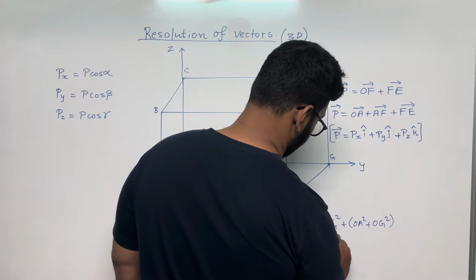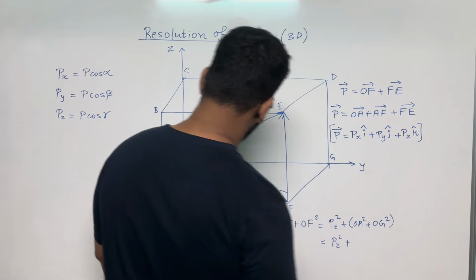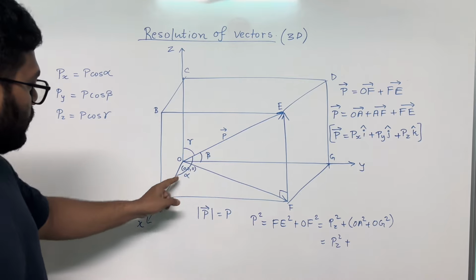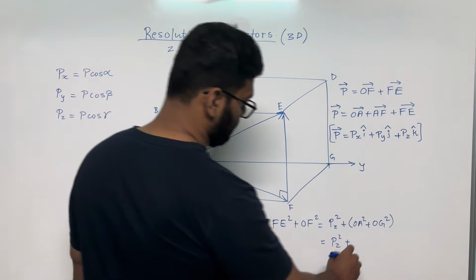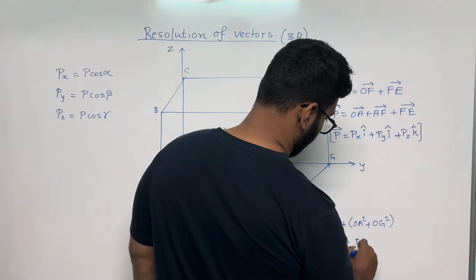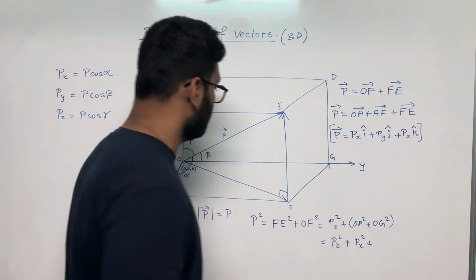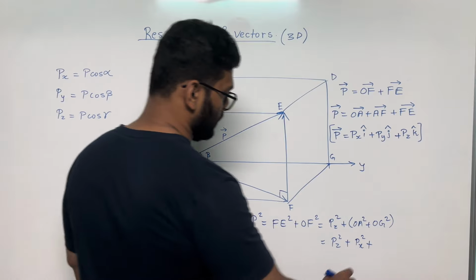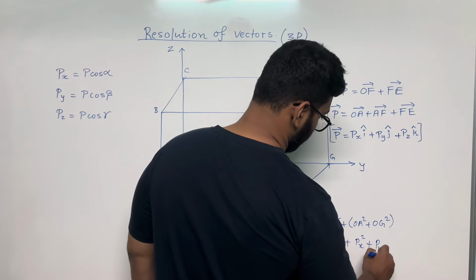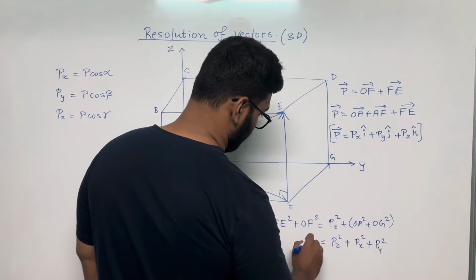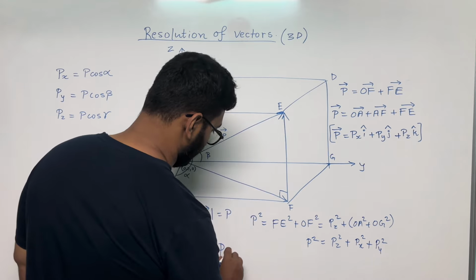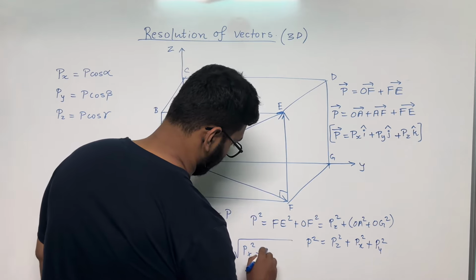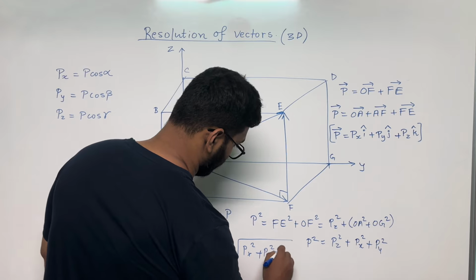Now look here, Pz square, and this is OA, but OA is P cos alpha. That means Px square, and OG is nothing but this one, which is P cos beta. That means Py square. So I can write the magnitude of this vector P to be equal to the square root of Px square plus Py square plus Pz square.